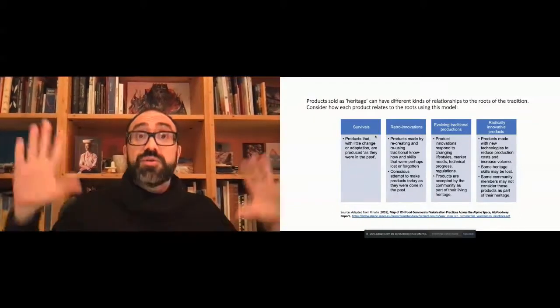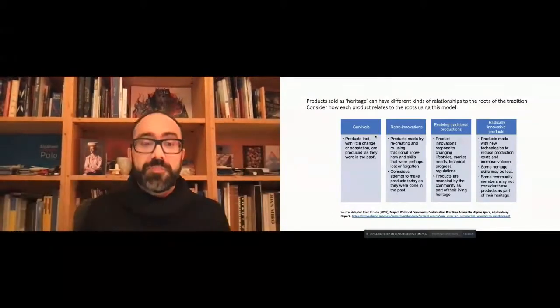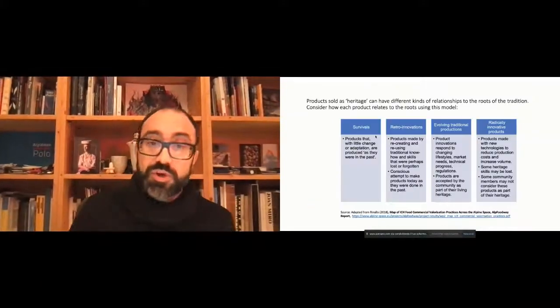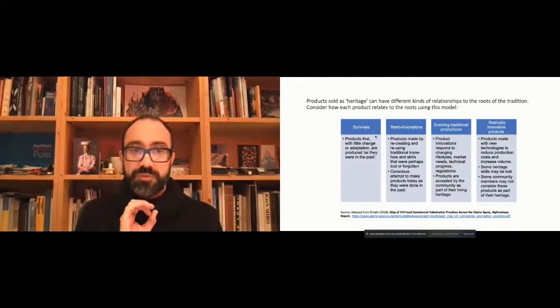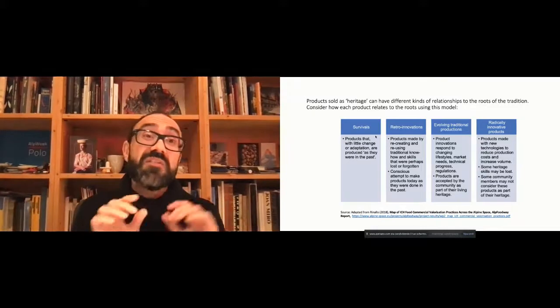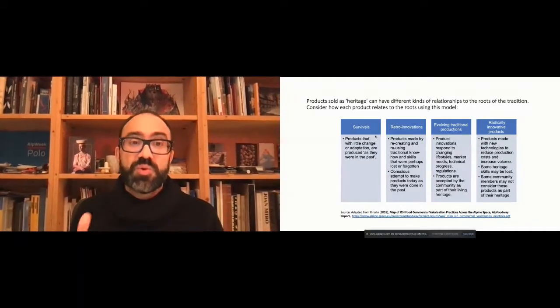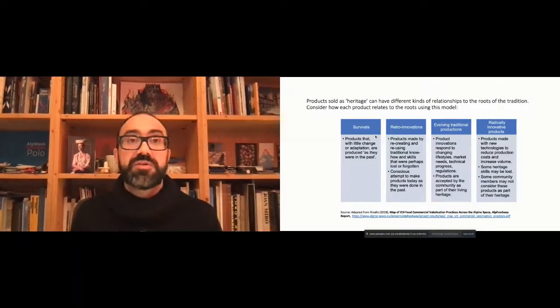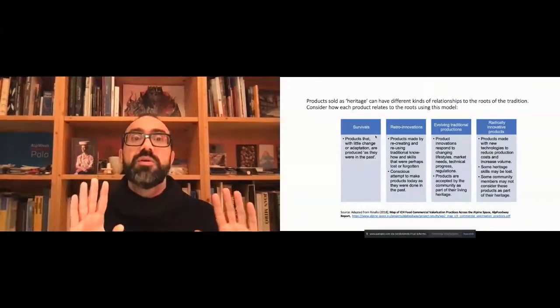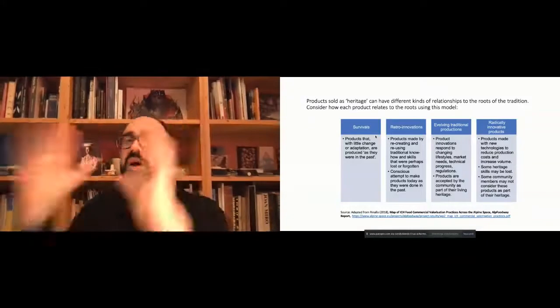Again, products in a broad sense, market offerings. So there can be survivals, products that with a very minimal adaptation have kept being produced as they were in the past, so no innovation at all, and these may have a market.